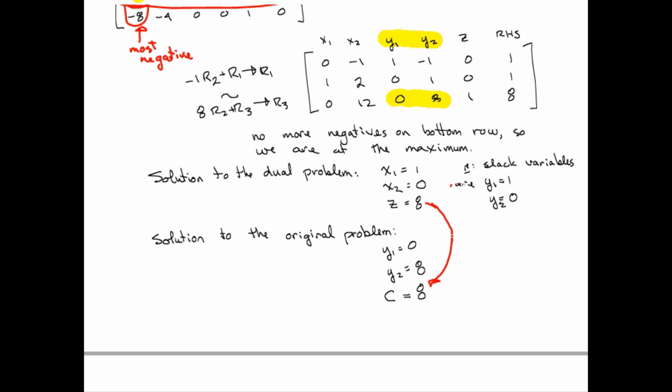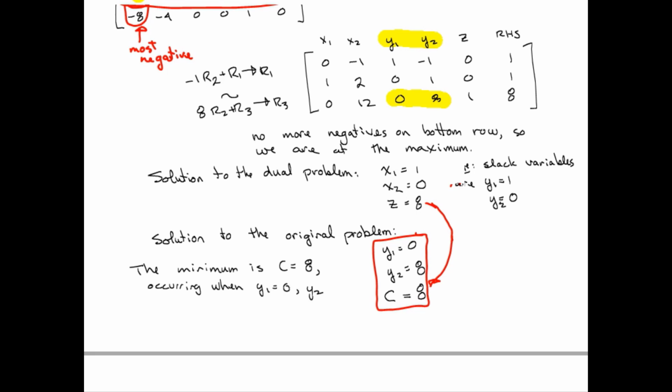Okay, so this is the solution to the original problem. So we can say the minimum is c equals 8, occurring when y1 is equal to 0 and y2 is equal to 8.